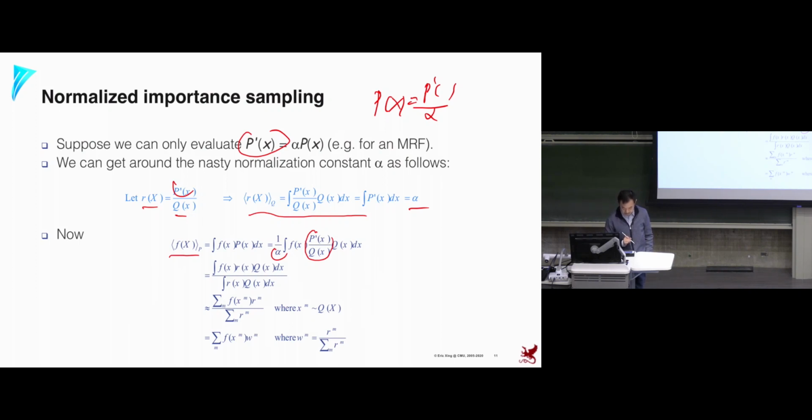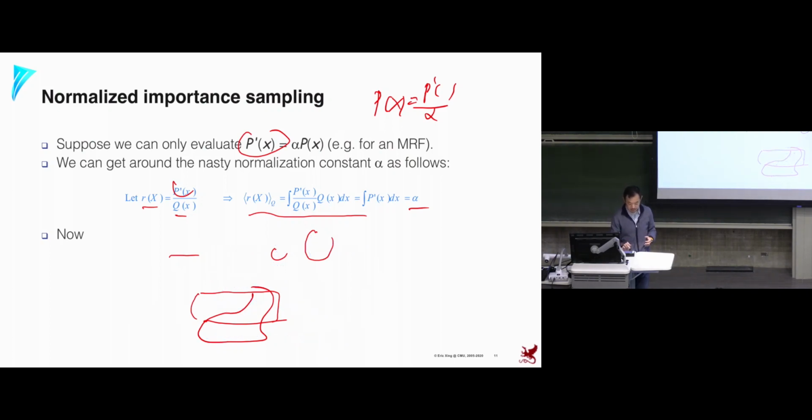And then after some rearrangement, you get down to this equation, which asks you to not only do a weighted sum of the original function for the samples, but also do another round of normalization. Therefore, this part becomes the normalized importance sampling.